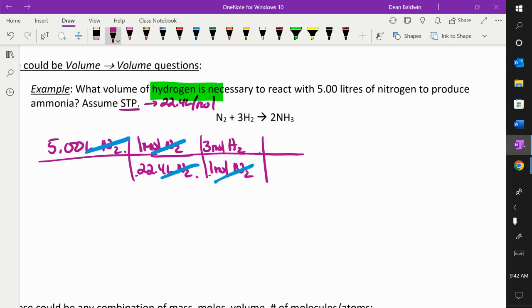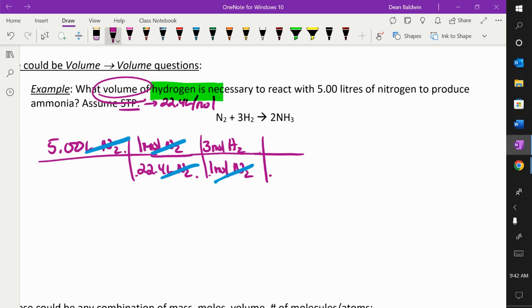So what's the final step? Because they want to know what volume. Volume is in liters. So what do I put in the next step? 22.4, because we're going from moles to liters.